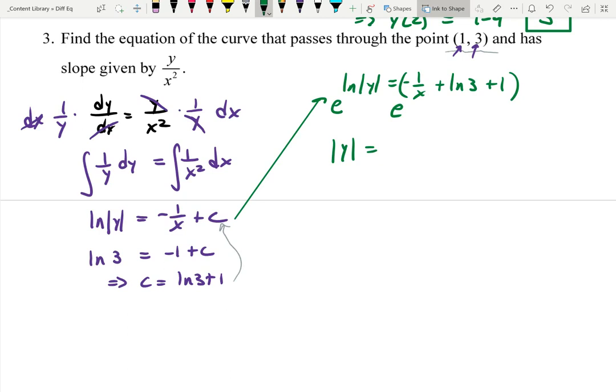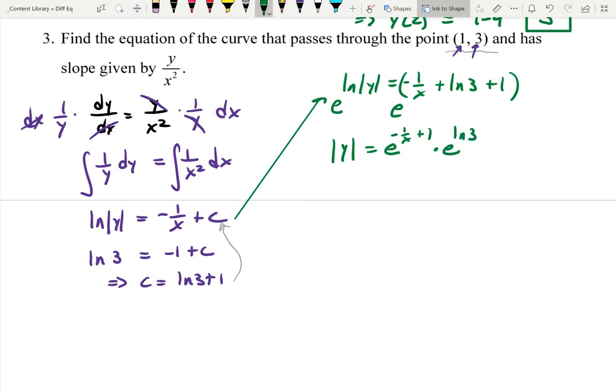Now, when you raise e, I could just leave it the way it is on the right-hand side. But with exponentials, there's a way you can simplify it. I can rewrite that right-hand side as e to the negative 1 over x plus 1 times e to the ln 3.